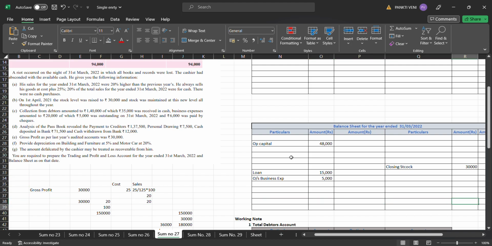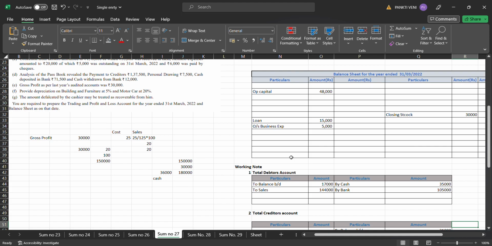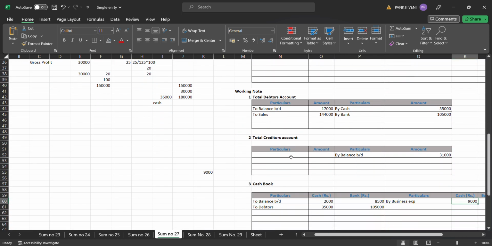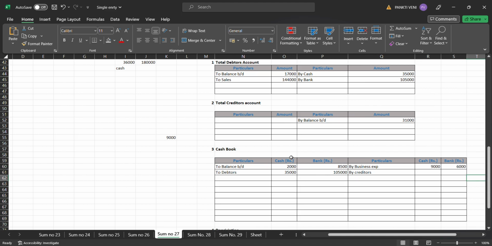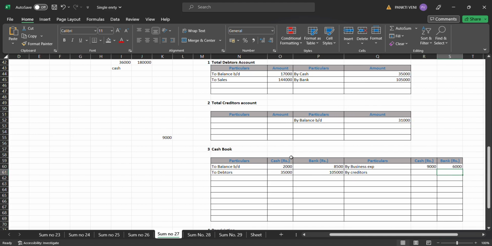So we have payment made to creditors, 1,37,500. Then you are making payment for drawings, so drawings is 7,500. Then you have a contra entry.